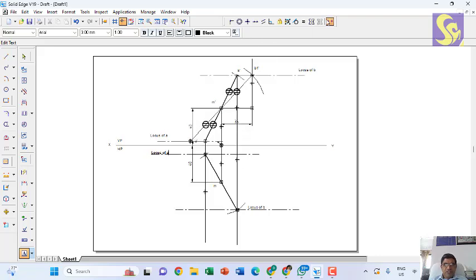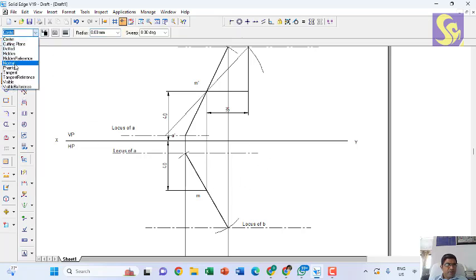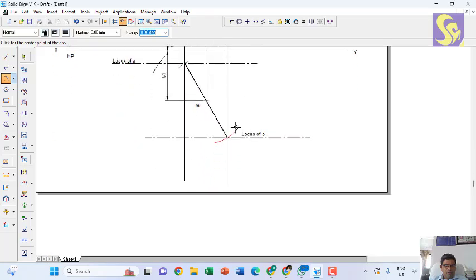Lastly, I need to fix the true length in the top view. I'll take arc from this end point. I'll draw the arc length of 50 mm. Again one more arc.